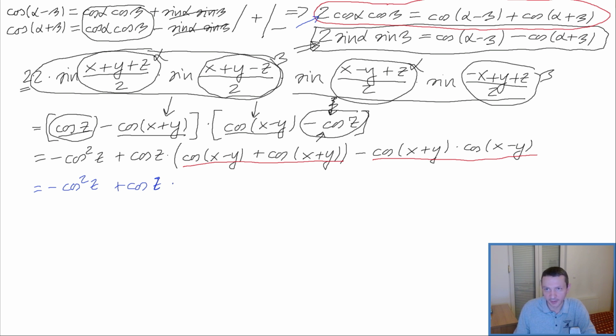We actually have this expression here, but with x and y. And so according to the formula, we obtain this expression again with x and y. So this is 2 times cosine x cosine y.